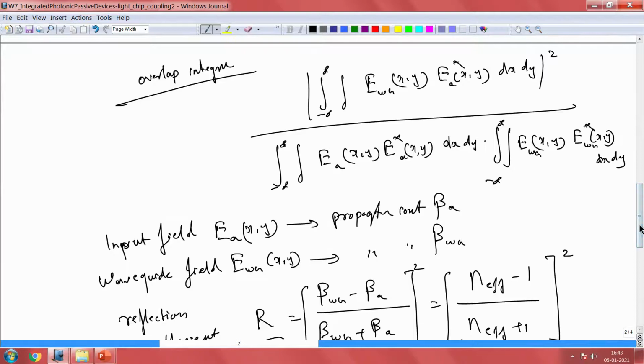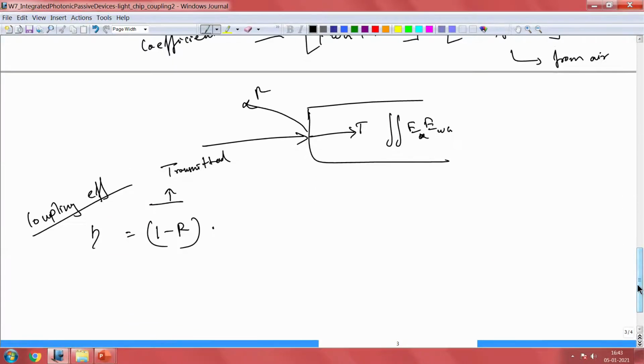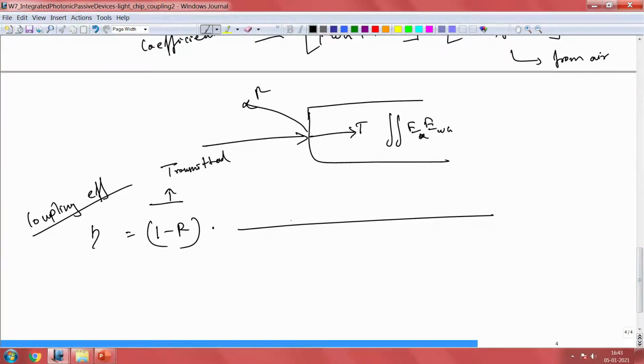So we can just write this whole overlap integral here, and that should give us the total, so dx dy modulus square, and then we have the two fields here.